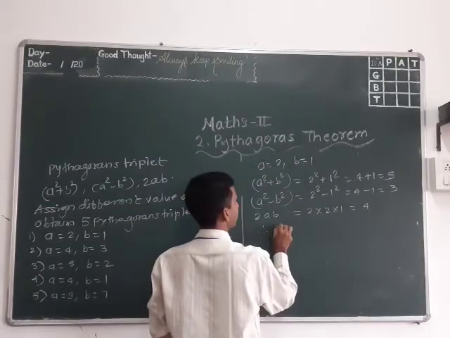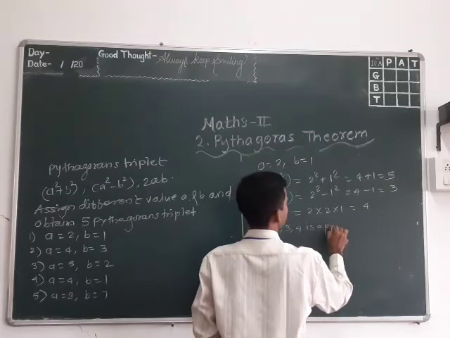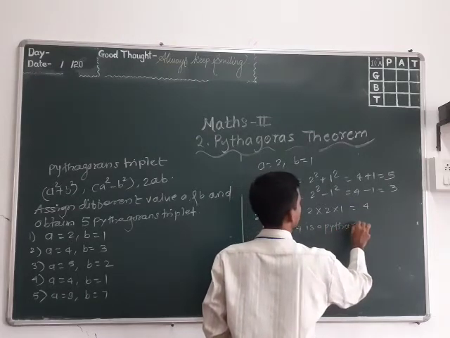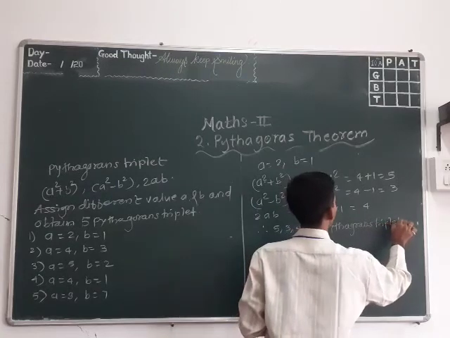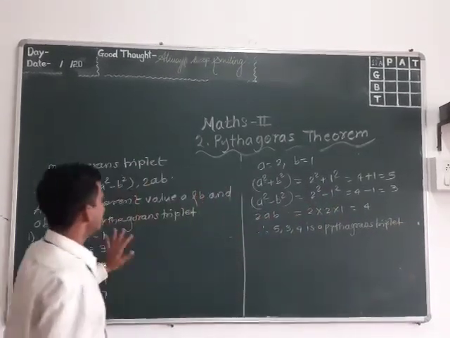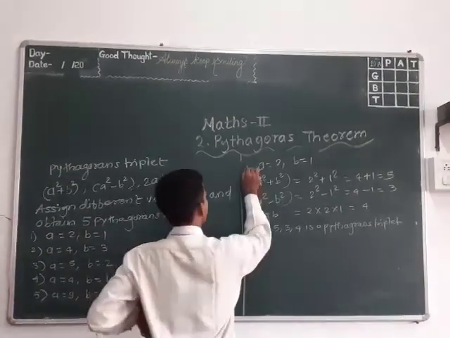Therefore 5, 3, 4 is a Pythagorean triplet.